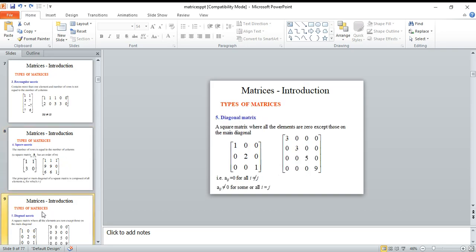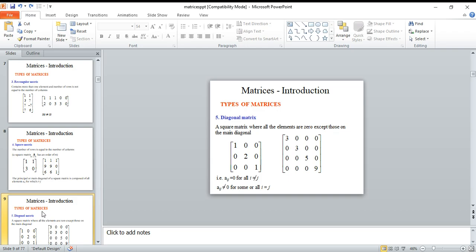Next, diagonal matrix. A square matrix where all the elements are 0 except those on the main diagonal. So elements of the diagonal are not equal to 0, other elements are 0. This type of matrix is called diagonal. Once again, only the elements of the diagonal are nonzero, and other elements are 0.